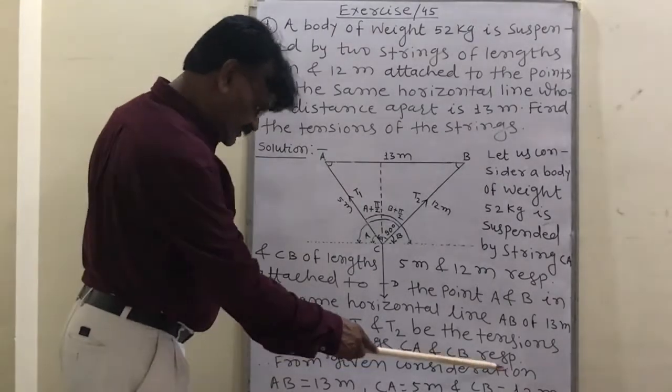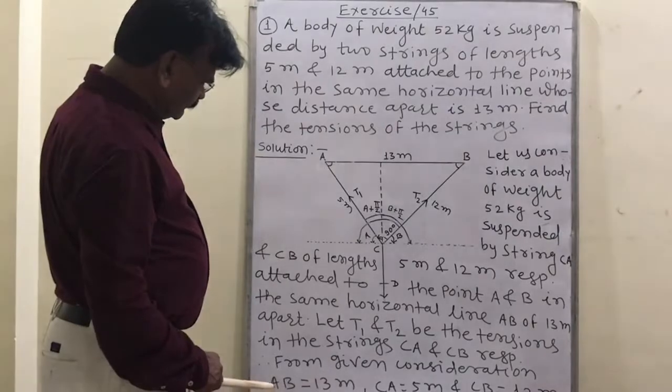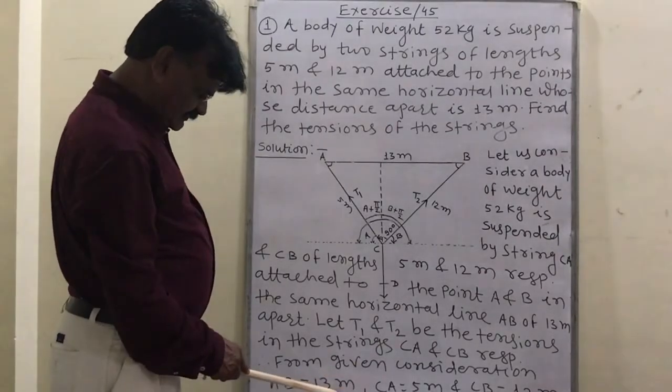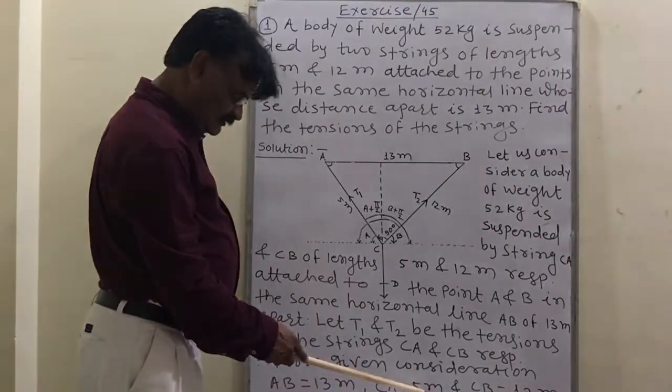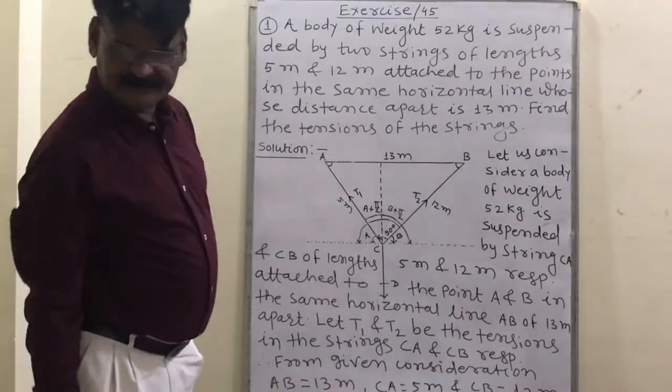From the given consideration, what are given? AB is equal to 13 meter, CA is equal to 5 meter, and CB is equal to 12 meter.